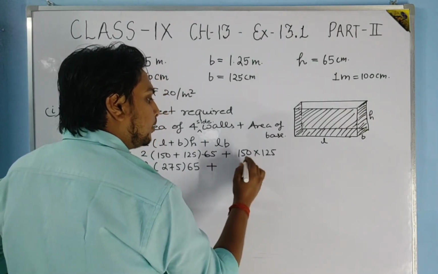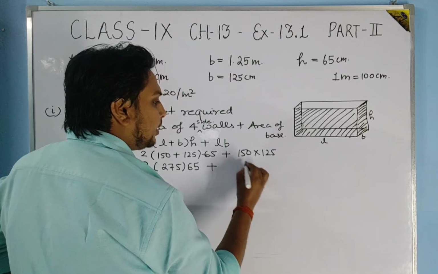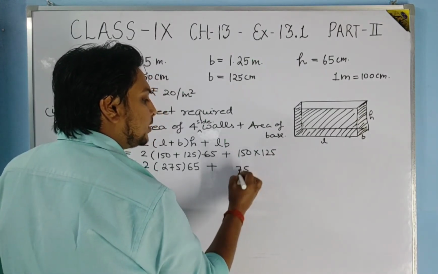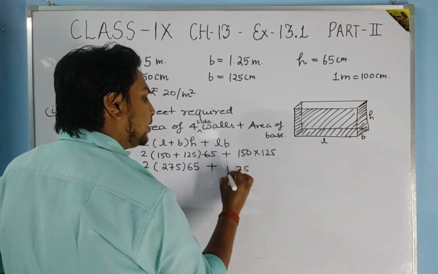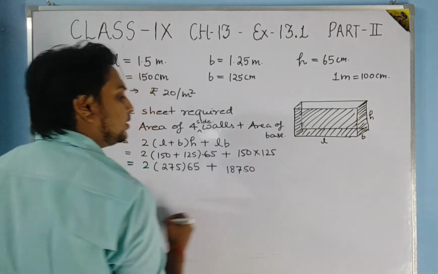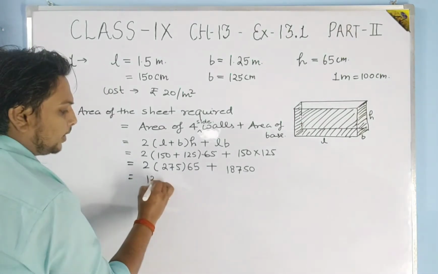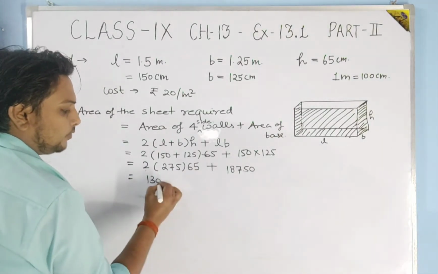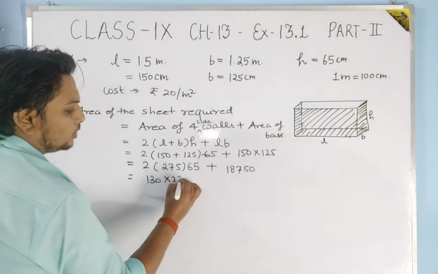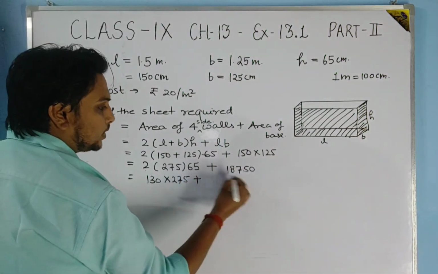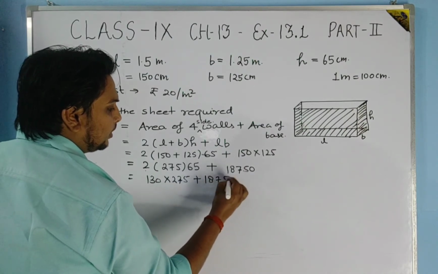See, 15 5s are 75, 15 2s are 30 and 37, 15 1s are 15 and 3 is 18, and 0 will be there. Okay, and here you have to multiply it by 2 into 65, that is 130, into 275, plus 18,750.